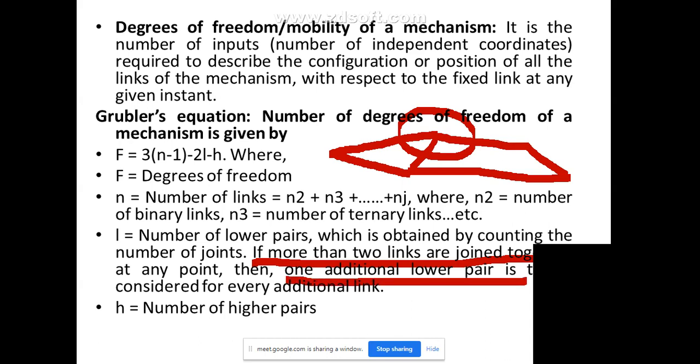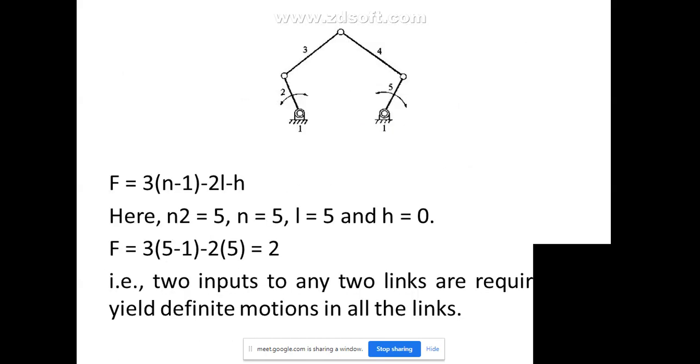At this joint you have three links joined together. This joint has only two, this one also only two, but in this joint we have three. So two extra lower pairs have to be counted. We will solve the problem based on this now.